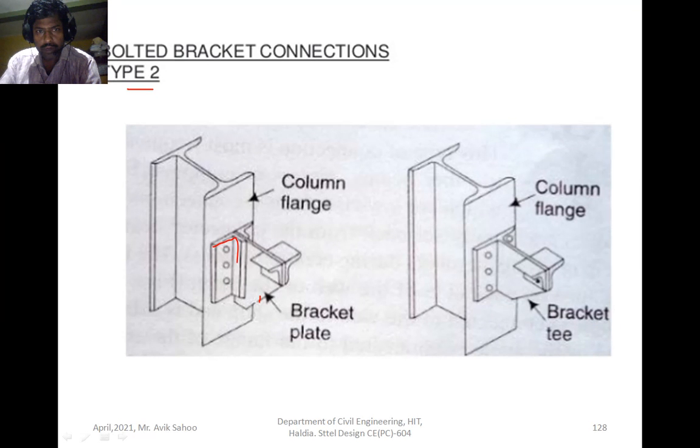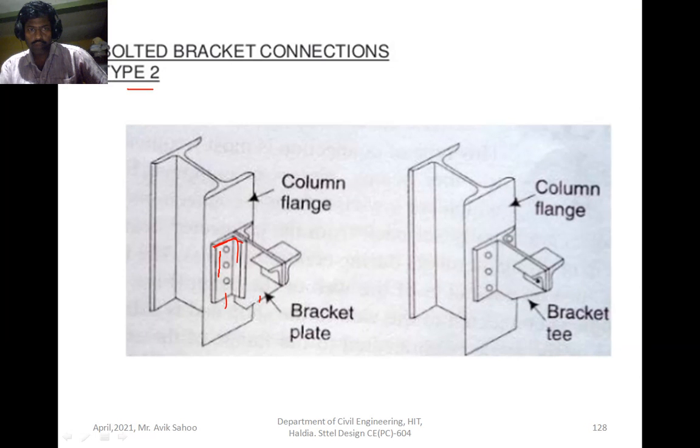Now the bracket plate is connected with this flange. How is the plate connected with the flange? So here one plate is introduced, and angle sections are used. This is called the cleat angle. Now this cleat angle connects this plate.